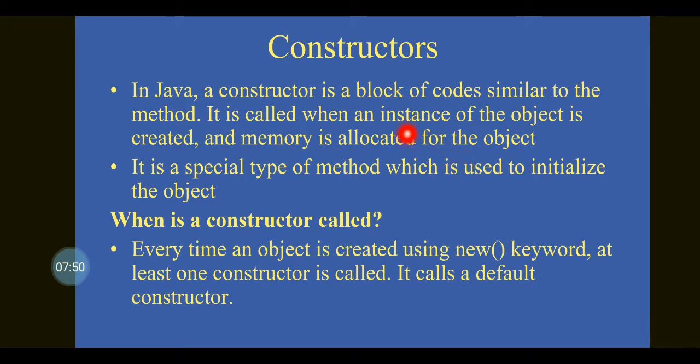So in Java, a constructor is a block of code similar to a method. Constructors are called when an instance of the object is created and memory is allocated for the particular object. It is a special type of method which is used to initialize the object.